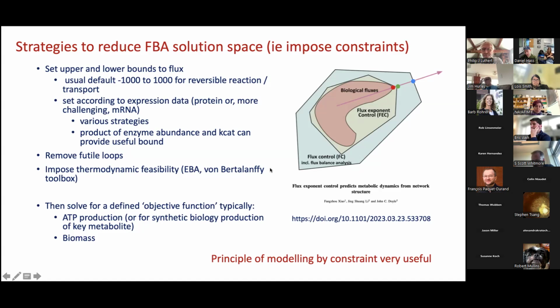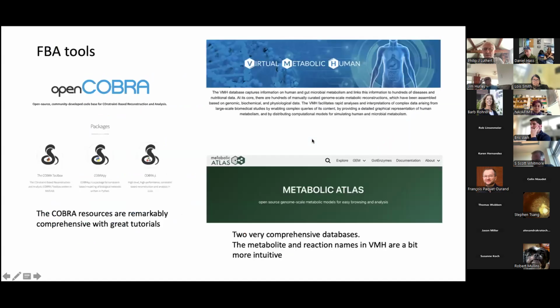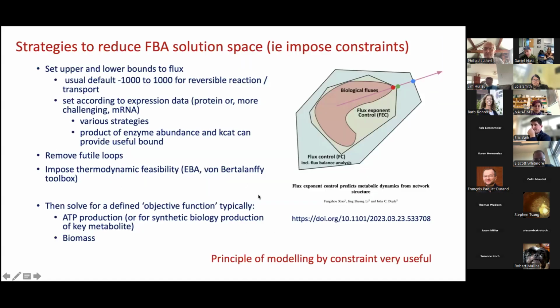And the figure on the right is from a recent preprint from John Doyle's group, where he's got a further sophistication to reduce the solution space. But it's quite a nice diagram in that it shows the big solution space as the outer polygon for flux balance analysis.